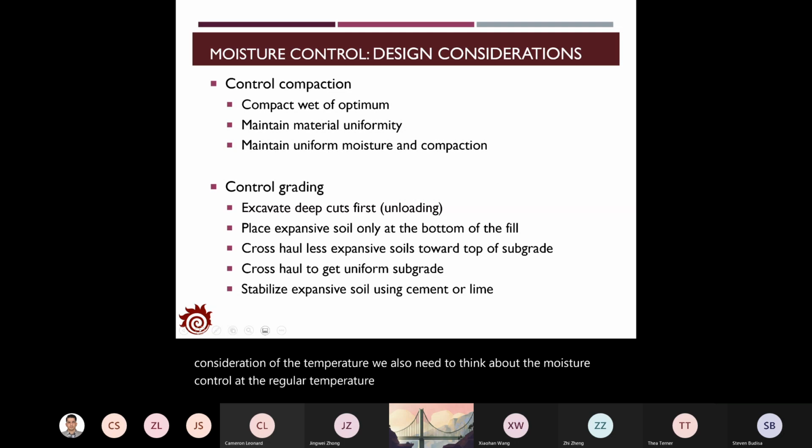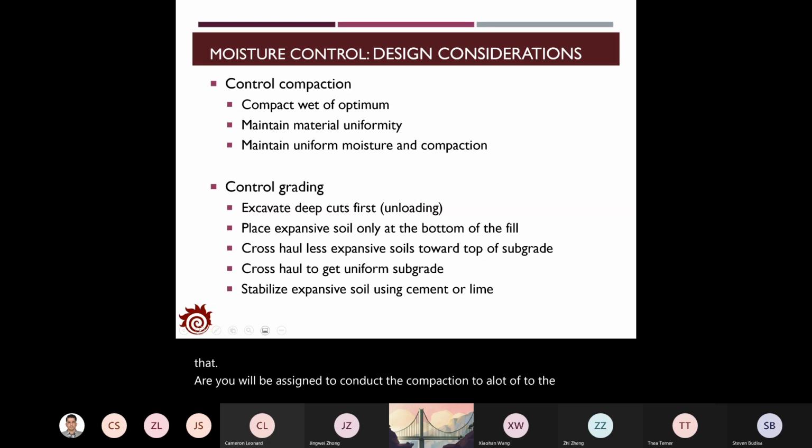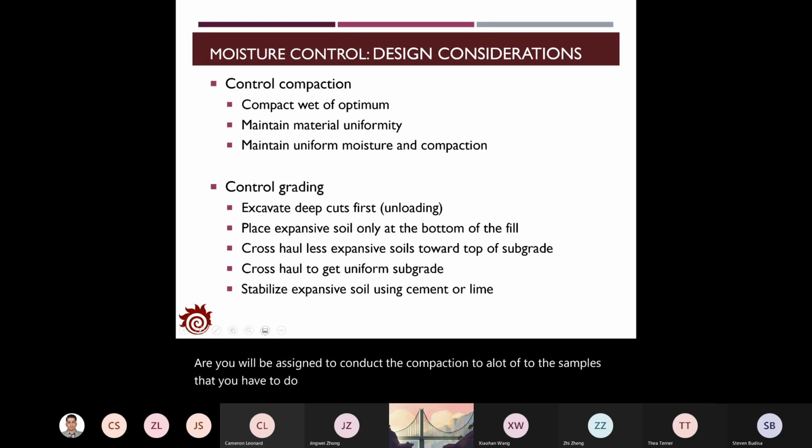And in your experiment, you have already known that you will be assigned to conduct the compaction of the samples that you have to prepare for both the CBR test and the MR test. And the compaction is actually one way for us to control the moisture contents of the soil.